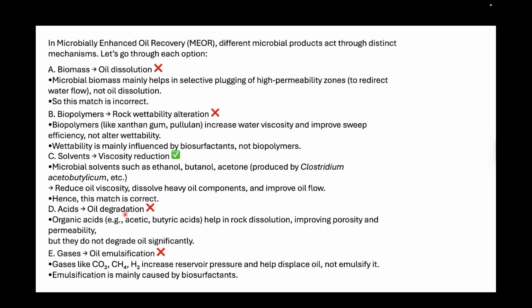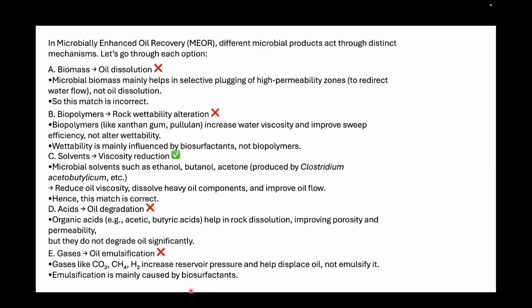Acids, oil degradation, is incorrect because organic acids help in rock dissolution, improving porosity and permeability, but they do not degrade oil significantly. Since the sediment and the rocks are what house the oil, mostly acids act on the rock rather than the oil. Gases, oil emulsification. Again, emulsification is mainly caused by biosurfactants.